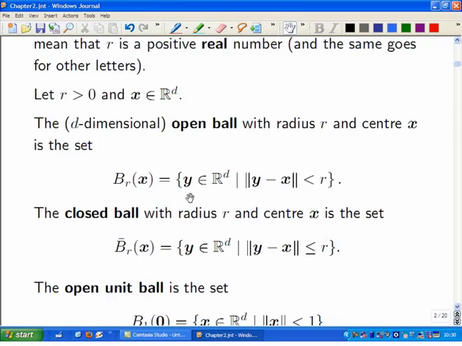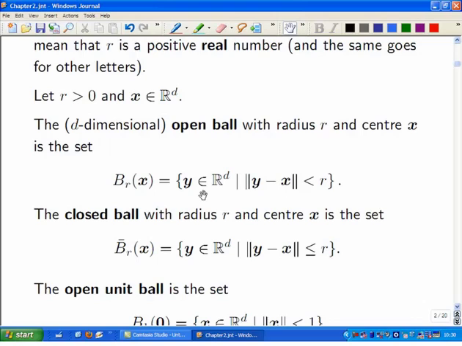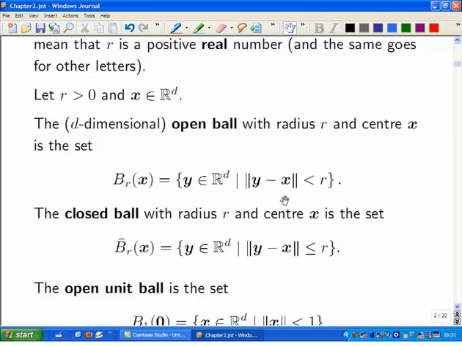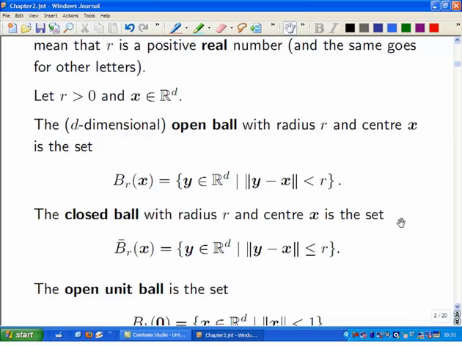And then you look at those points y whose distance from the centre x is less than r. So the y's that might be in the set are specified here. Y, all those y's in R^d might be in the set. Then you look at the conditions on y, and the actual condition is that the norm of y minus x should be less than r, and that helps you to determine which ones are in.